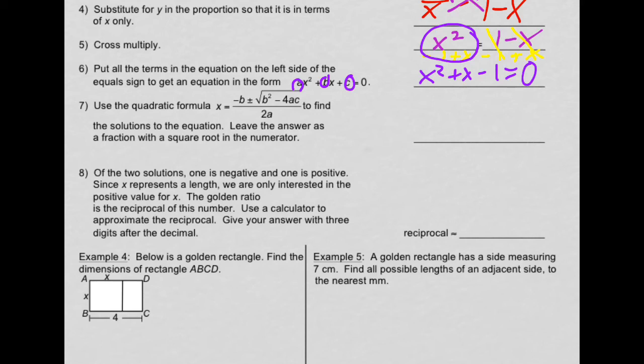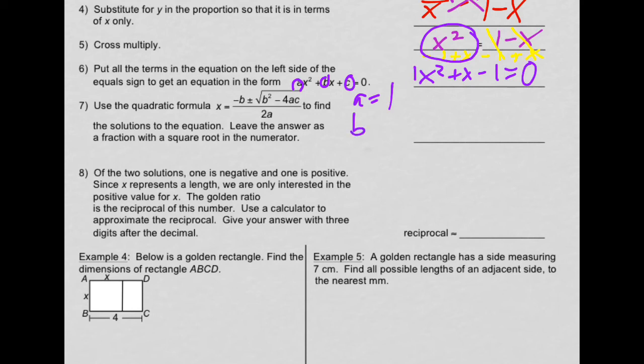And now we're going to use the quadratic formula, this guy right here, to find the solutions to the equation and leave the answer as a fraction with a square root in the numerator. So we're going to see what the value of a is. Remember, the value of a is just whatever number is in front of x squared, and in this instance a just equals 1, because it's like 1x squared, right?